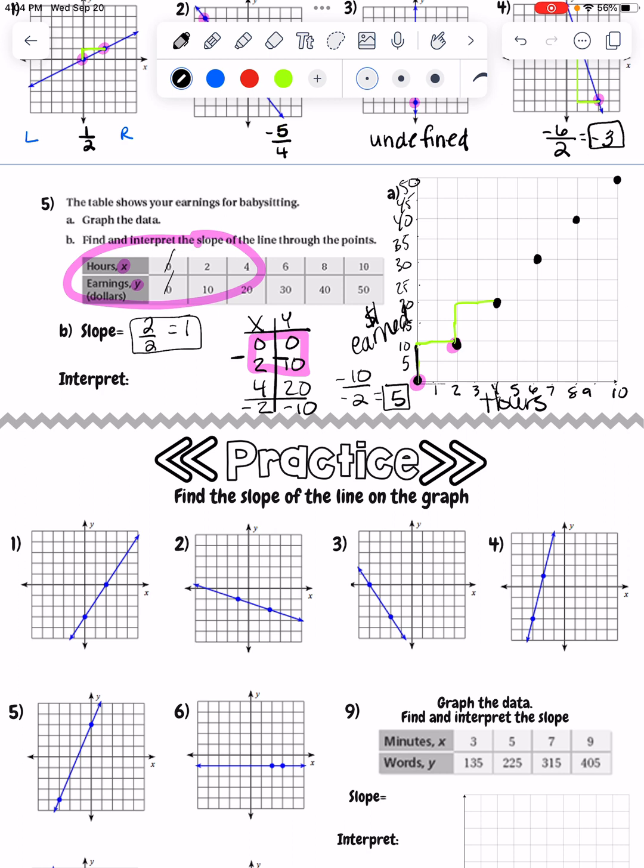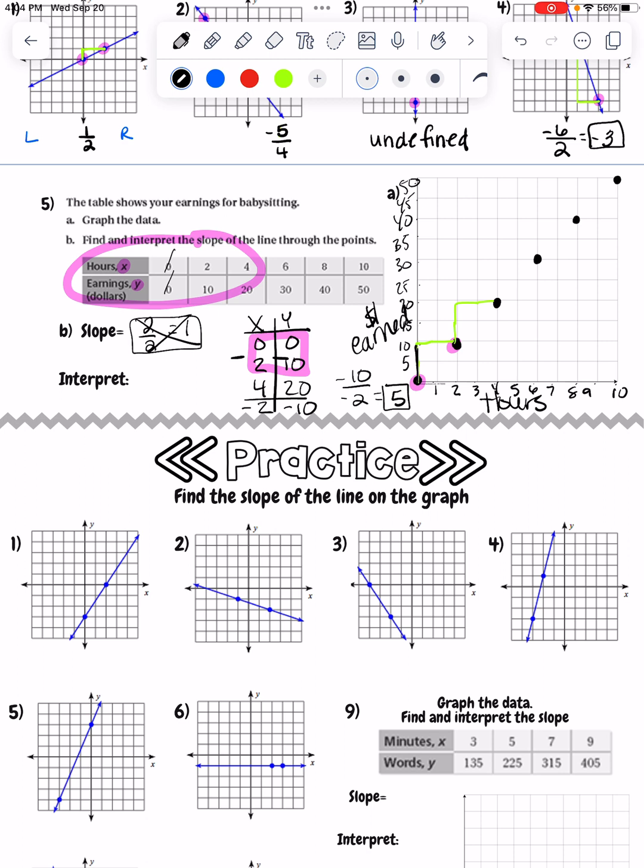Then that would have given me the slope of 5. So this is not correct, right? That's the lesson learned in this, that we have to make sure we pay attention to how we are labeling our graph, what our y-axis is going up by.